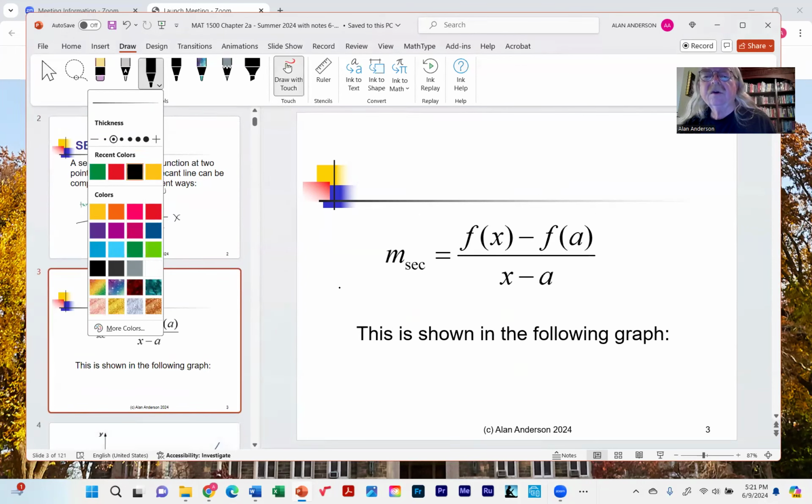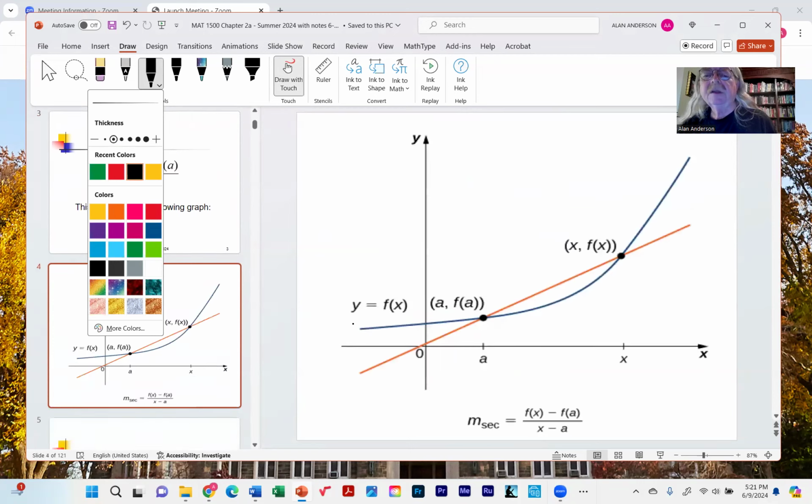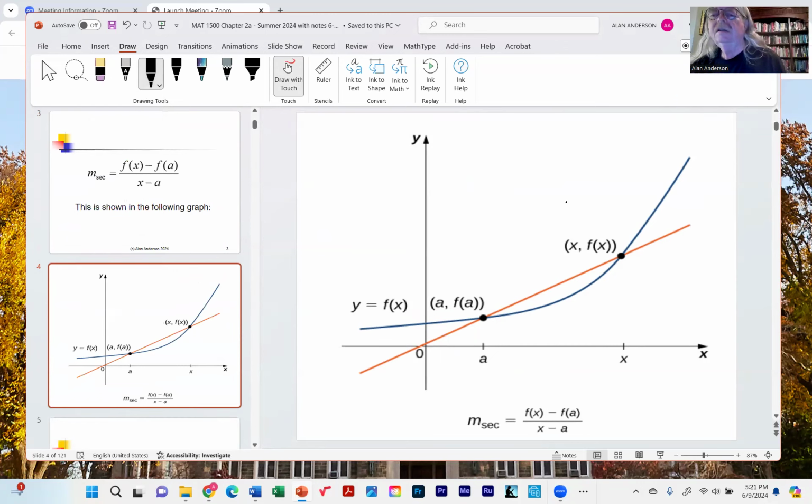All right, so first, the secant. And by the way, there's a lot of ways we can express the same information in terms of notation. Let's just skip ahead to the graph so you can see what this is all about. So here you can see that blue curve is a function of some kind. And then through that, we draw our secant line, and it connects the two points.